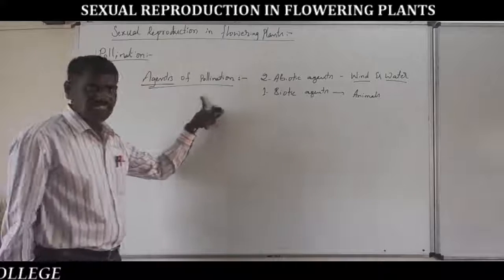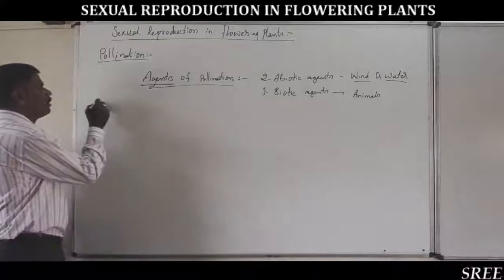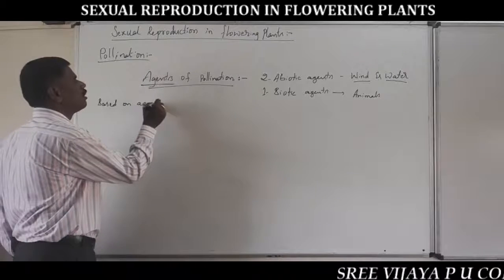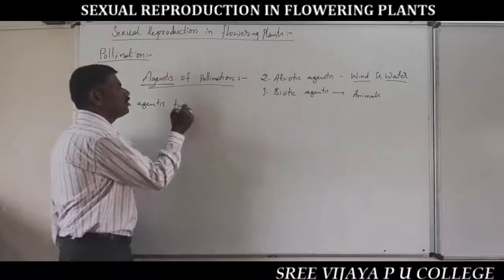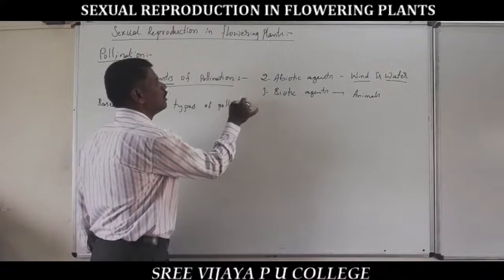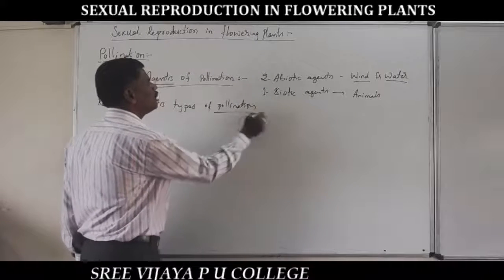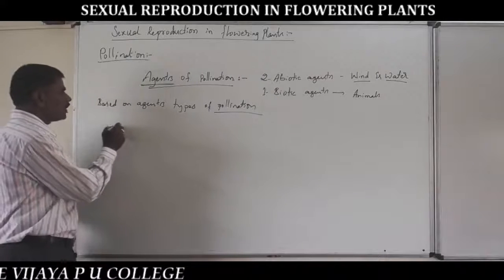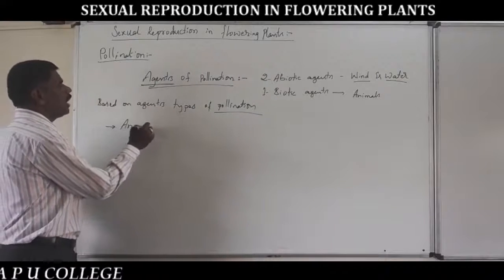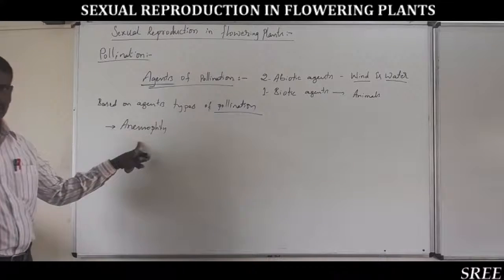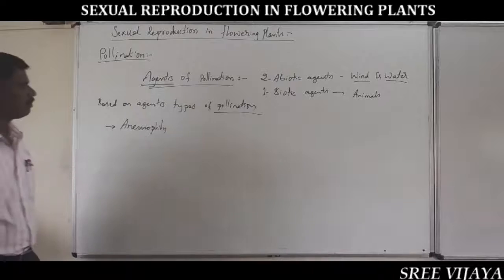Based on agents, there are different types of pollination. That is nothing but anemophily. It is not animals.